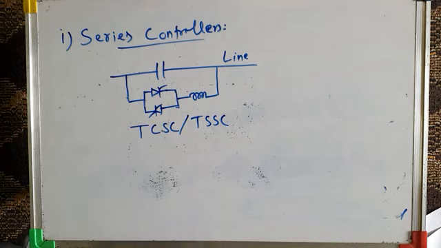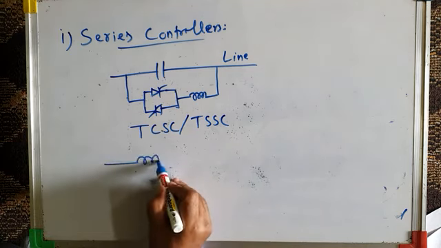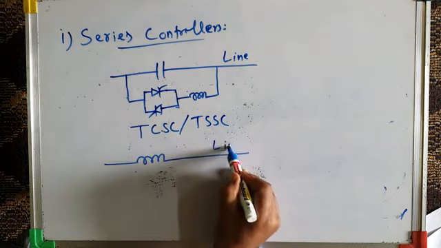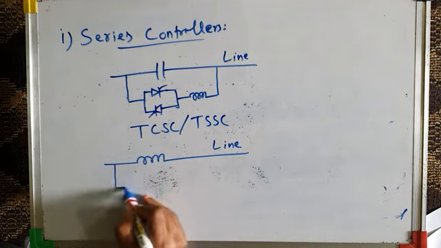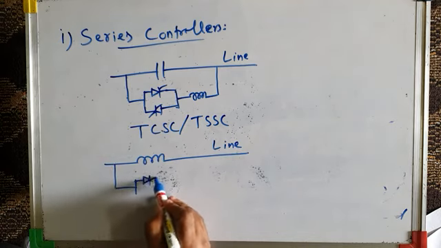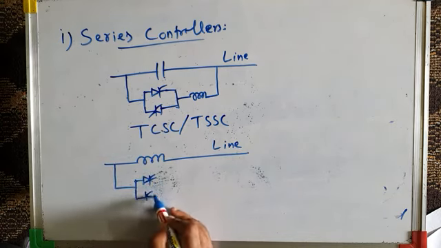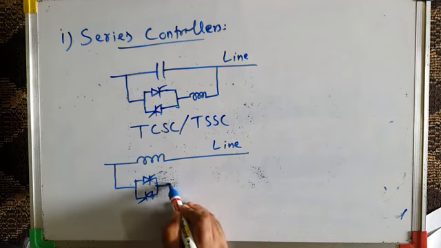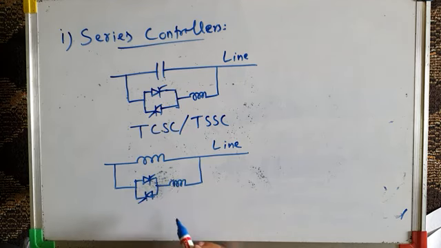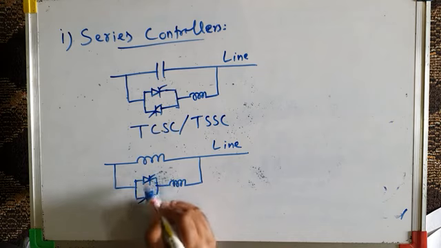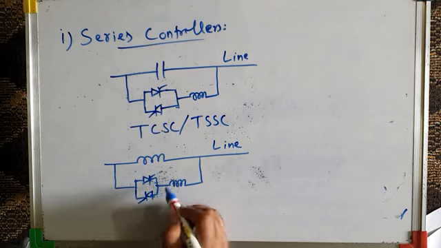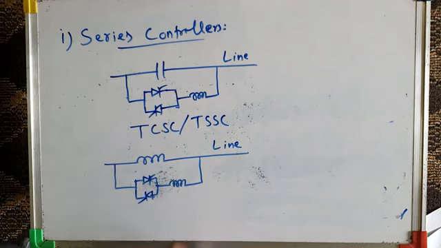The next schematic diagram is for the thyristor controlled series reactor, or thyristor switched series reactor. Again, this is a long high voltage power transmission line, and I have a thyristor based bidirectional switch in series with an inductance. By delay angle control of this bidirectional switch, this inductance can be made variable.